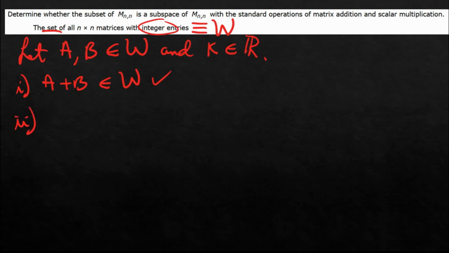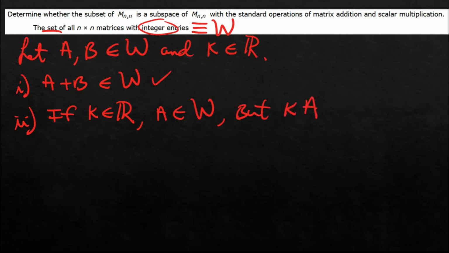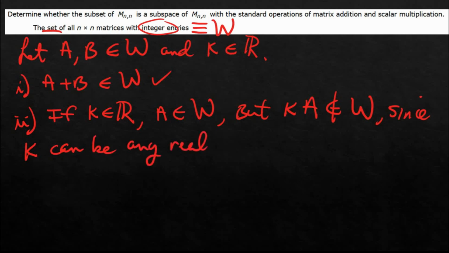Now, if K is real, A is in W, but K times A is not necessarily in W, since K can be any real number.